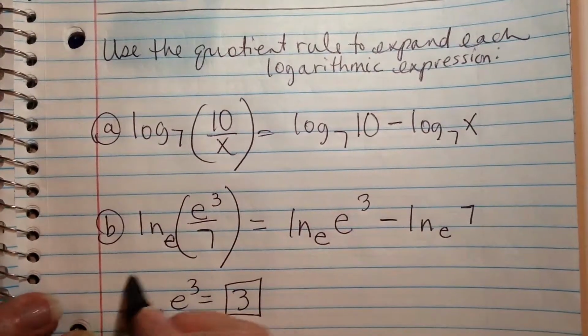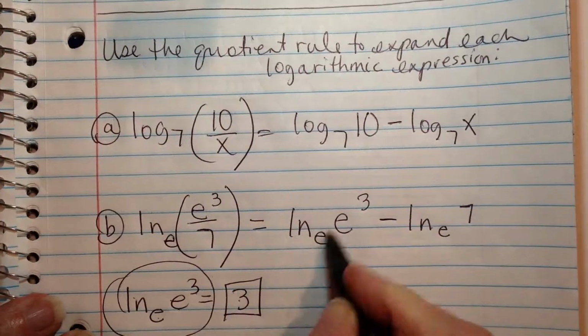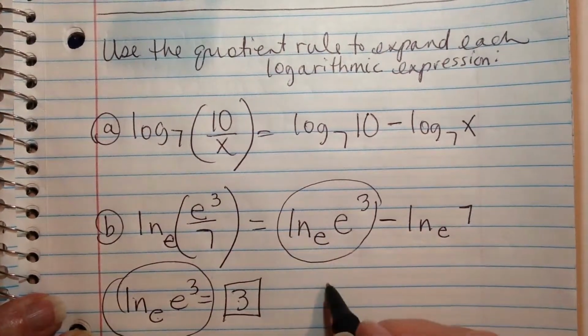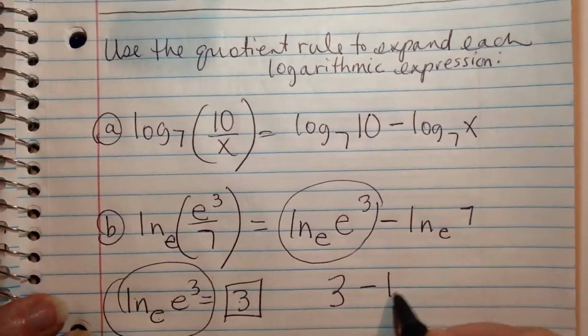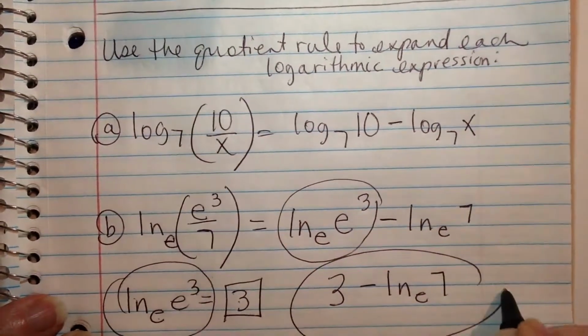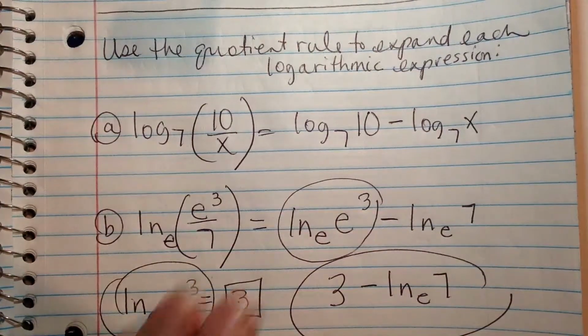In other words, this whole ln base e of e to the third equals 3. So I'm going to replace this entire part with 3 minus ln base e of 7. So that's your answer on expanding using the quotient rule. So again, anytime you can evaluate a log or an ln, you do.